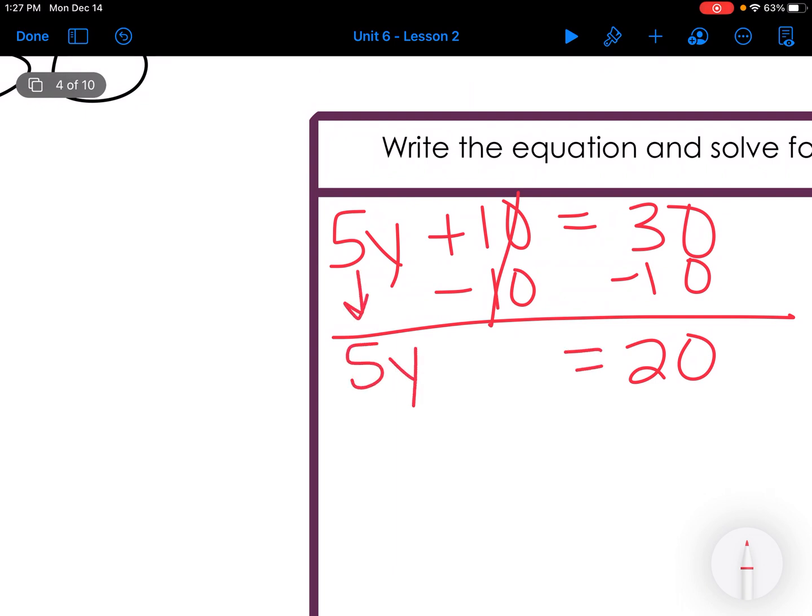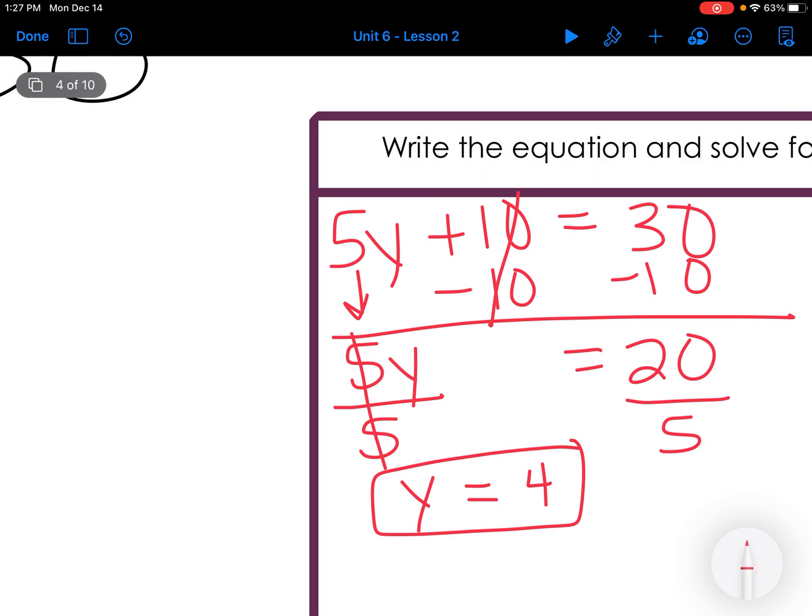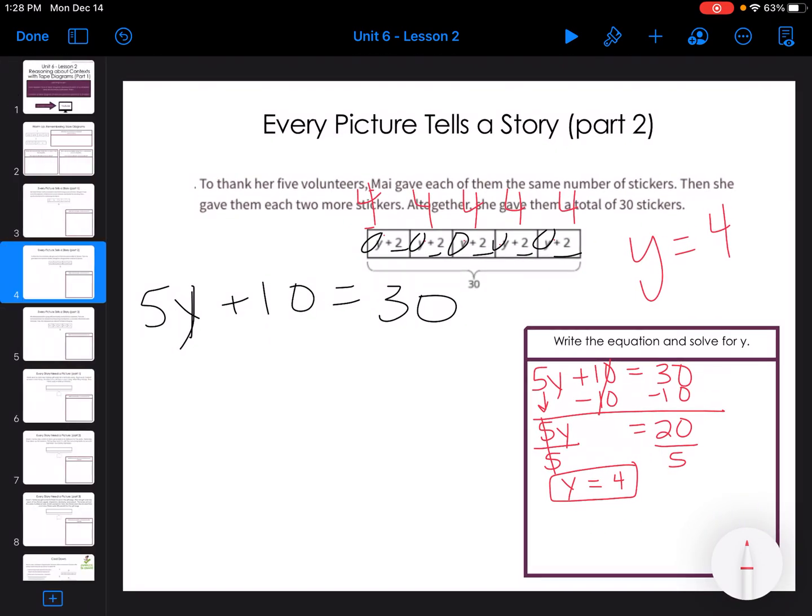So now to undo multiplication, I'm going to divide by 5 on each side because I want to figure out what it is for 1. So 5 divided by 5 is 1, and I'm left with 4. So this is the standard way to solve. This is a guess and test. You choose your method, but you need to have a way of solving.